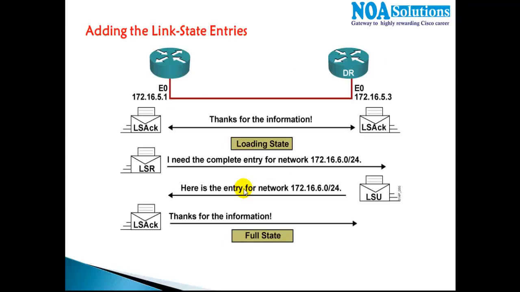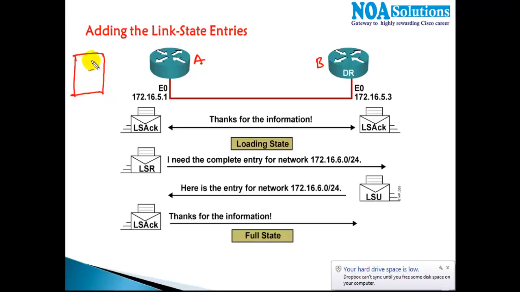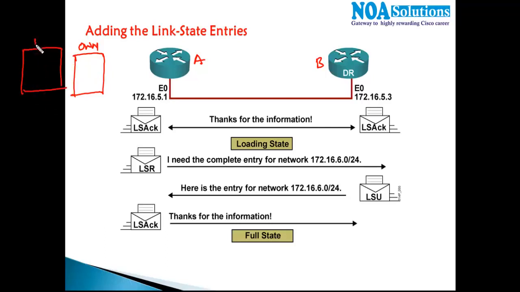And now coming back to the loading stage. In the loading stage, what happens is, let's say my router A is going to check its own database. This is my own database, that's what I have. And I have already received some database information from the neighbor. This is the database I received from the neighbor in the previous stage. If you remember, what was the previous stage?